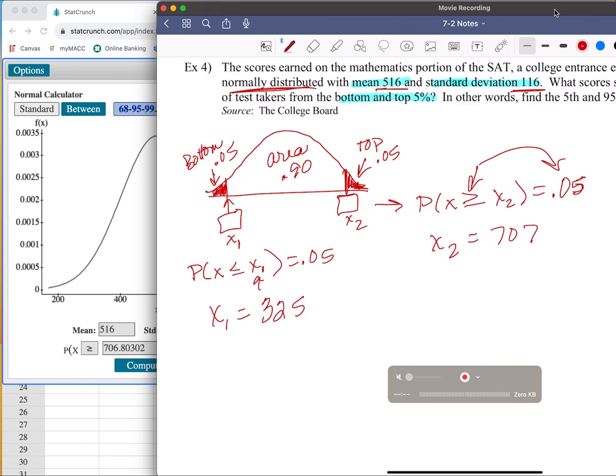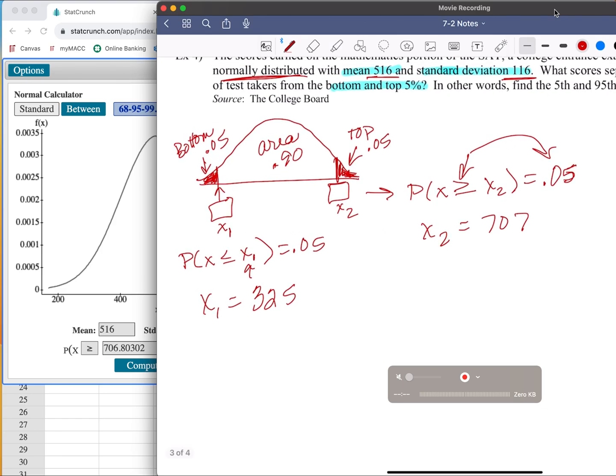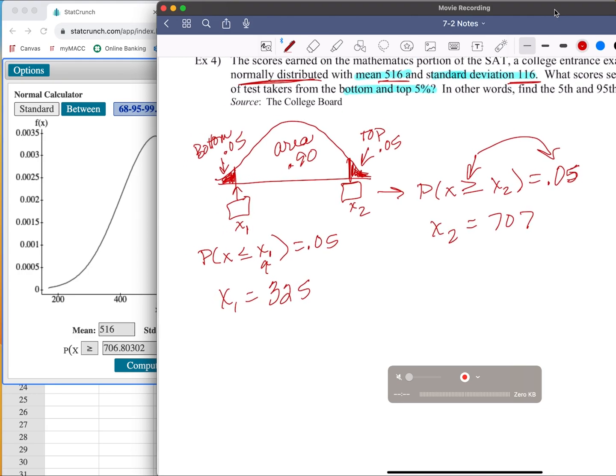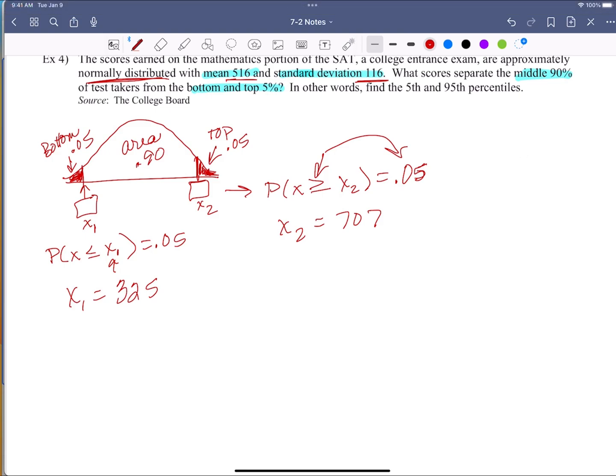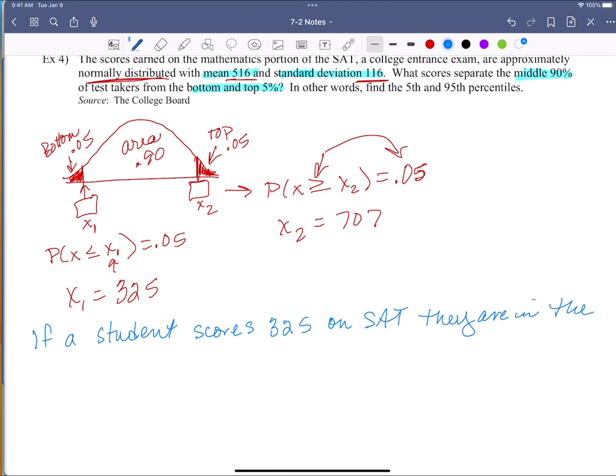So that means, if we're looking at this, let's write this out in words. If a student scores 325 on the SAT, they are in the 5th percentile.